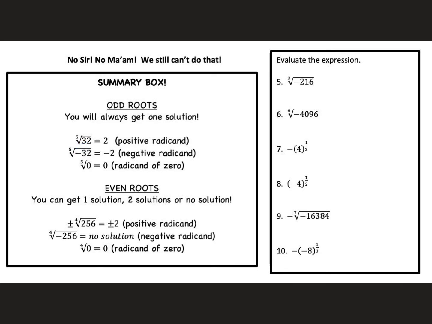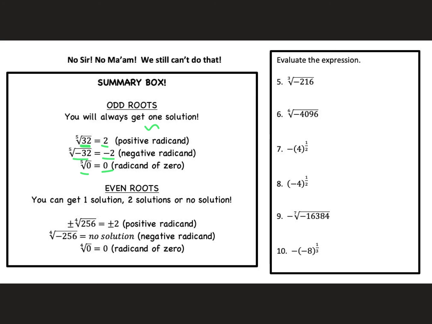When we're finding all the roots of odd functions, there's only ever going to be one solution. So if you're taking the odd root of a positive number, you're going to get a positive value. Odd root of a negative value, you're going to get a negative answer. Odd root of 0, again, one answer is going to be 0.